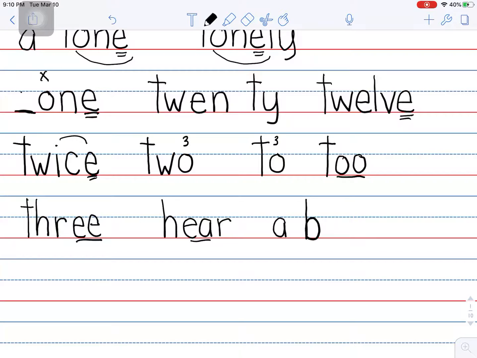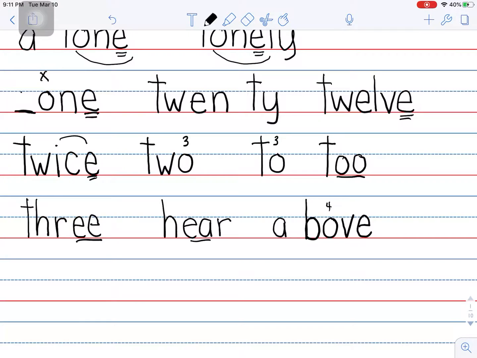B. Here we have another uh, but this time I'm going to use the O to say uh. Remember, O, U, it's that fourth sound, the schwa sound. Above, and then I have to end with an E.